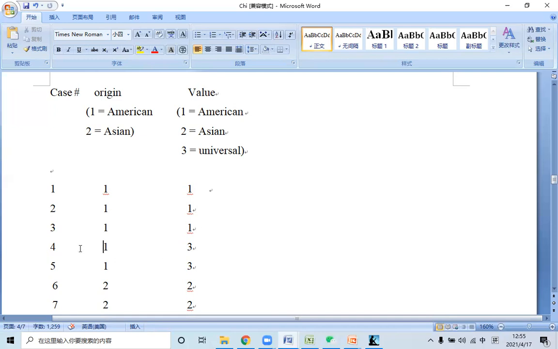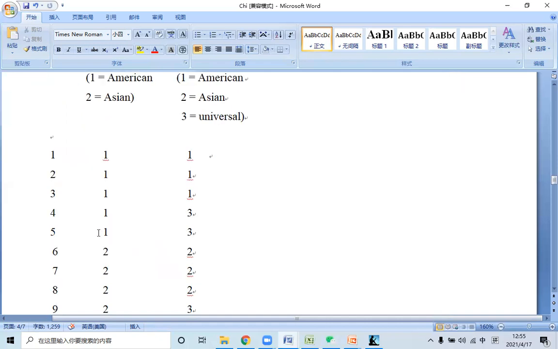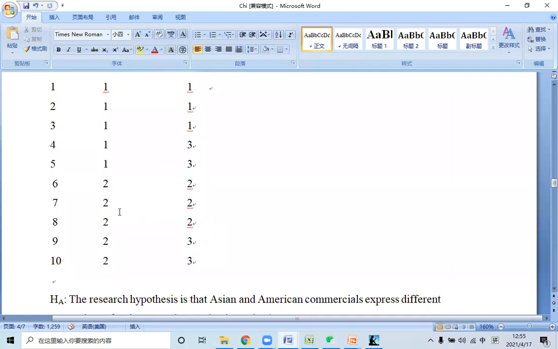But look at case number four. Commercial number four comes from the United States, but shows a universal value. That is like health and beauty. Also number five, from America, shows universal value. And then you code the Asian commercials, the next five.